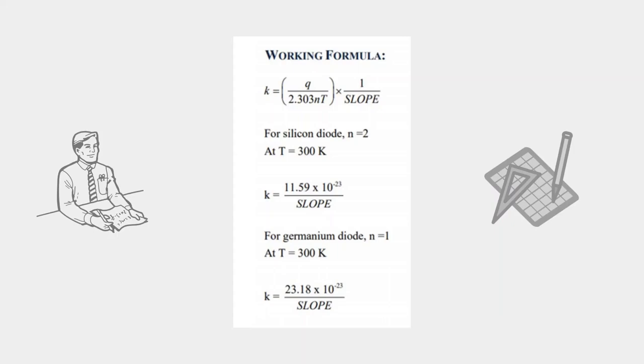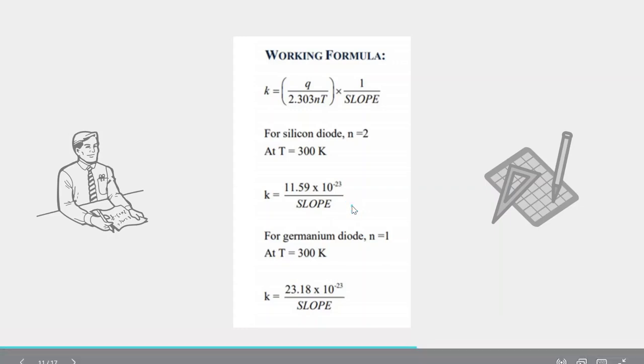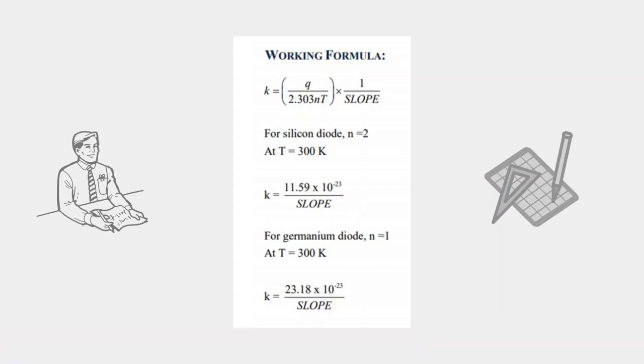After substituting the value of q, which is 1.6 × 10^-19 coulomb, the temperature T at room temperature 300 Kelvin, and n equal to 2 for the silicon diode, you will get a simpler equation, which is k is equal to 11.59 × 10^-23 upon slope.